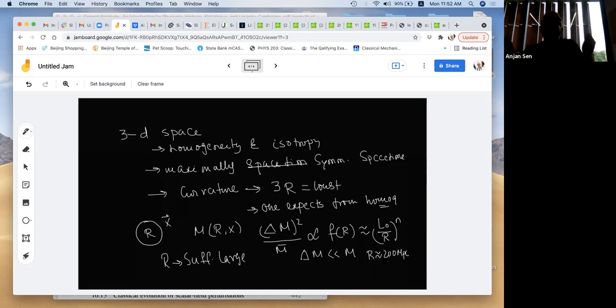The fluctuation will be much smaller than the average. That is what I mean by saying the universe is homogeneous and isotropic.